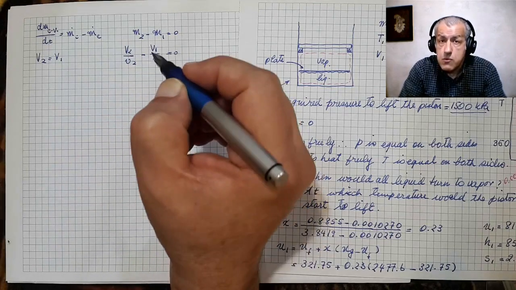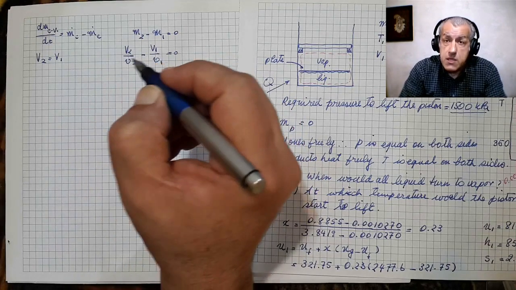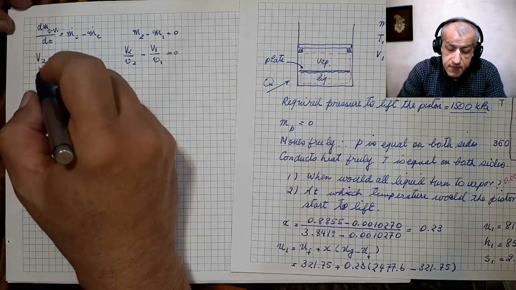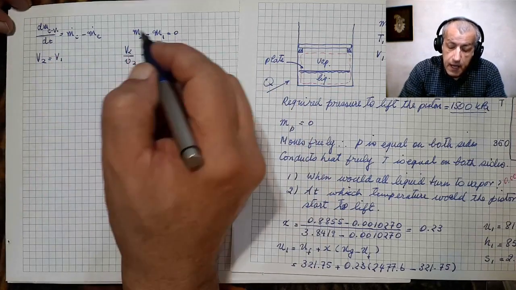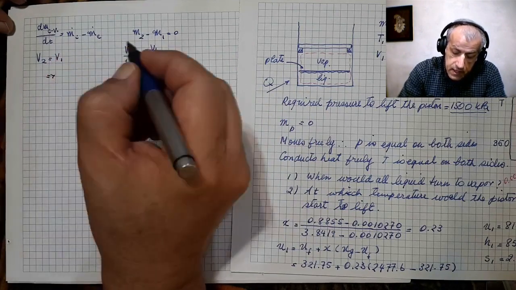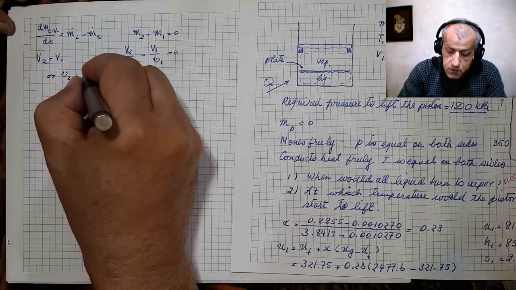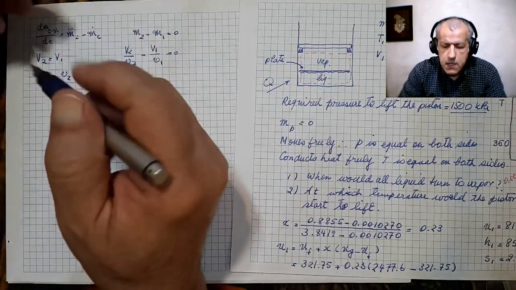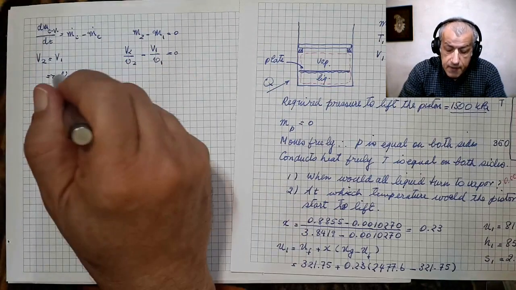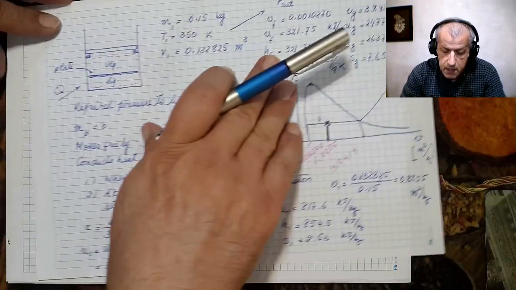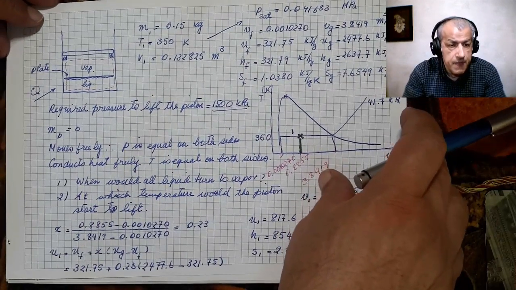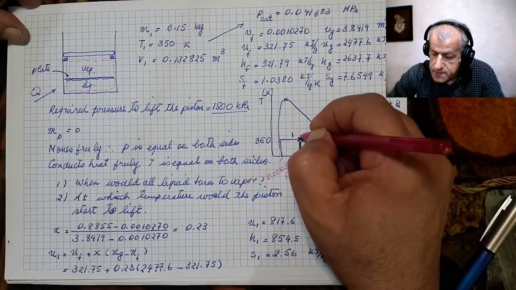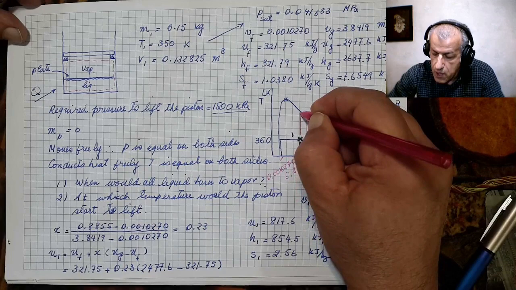So at least we know initially that the piston does not move. So we keep V2 equals V1, and therefore we conclude that v2 equals v1. So our initial condition is that the specific volume would remain constant, and therefore we go up here.